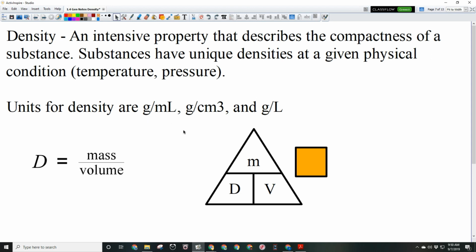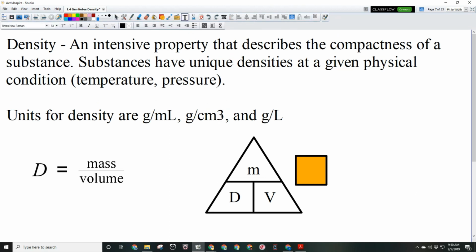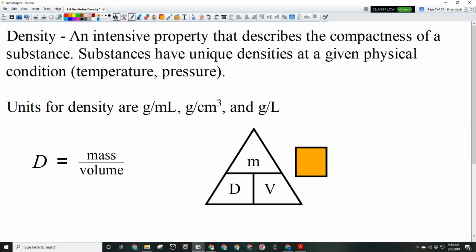Okay, and if we're talking about a solid, we're going to be talking about grams per cubic centimeters. Now, why cubic centimeters? Well, because the volume of a solid, how do we get the volume of a solid? The volume of a solid is length, width, and height. Okay, so there are 3 dimensions there, length, width, and height. So it's centimeters cubed. So it's cubic centimeters, so grams per cubic centimeters.